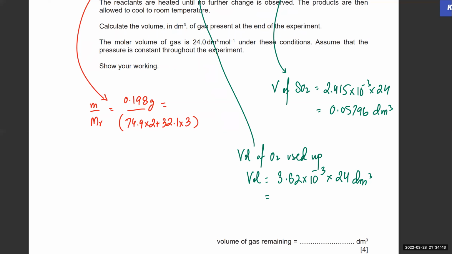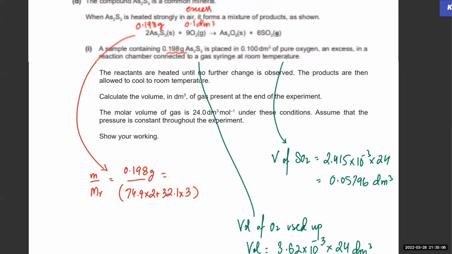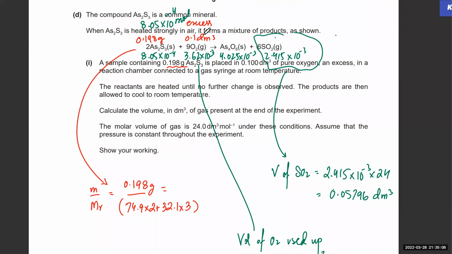So the answer is 0.08688. This is the amount that got used up or that reacted out of how much? 0.1 dm cube. Remember right at the start, he said that 0.1 dm cube was added.